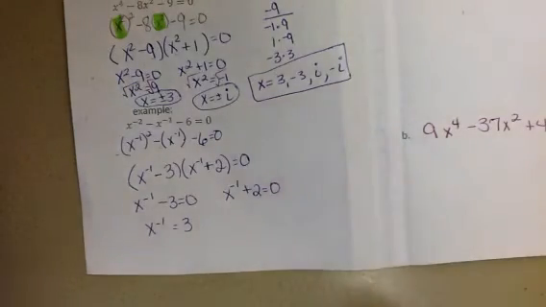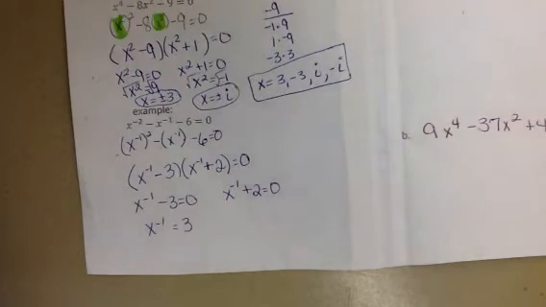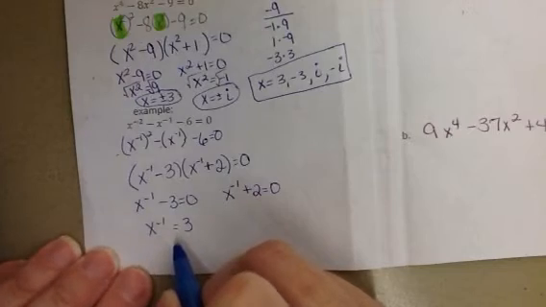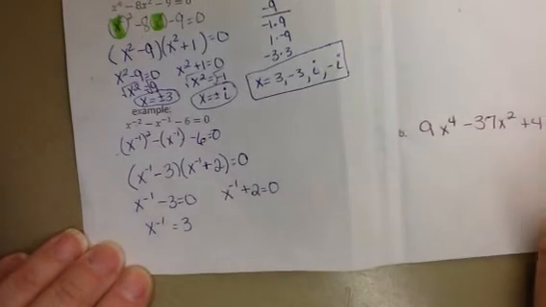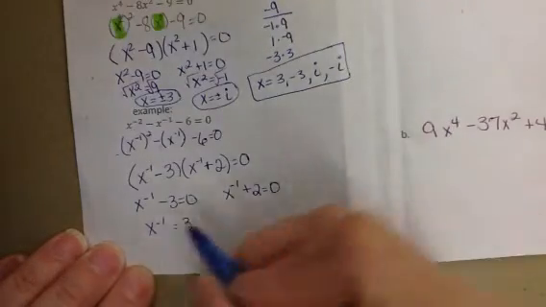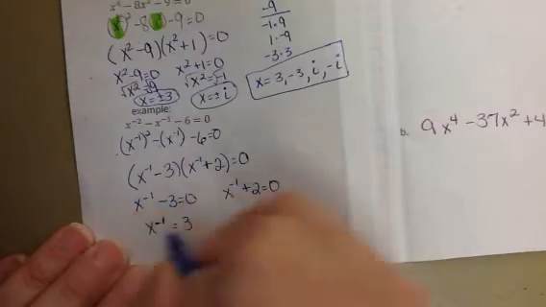Now, how do I get rid of that power? Well, there's a couple different ways that you could do it. I'll show you a different way on each one. One way is to make this a +1 so that it's just x to the first power.